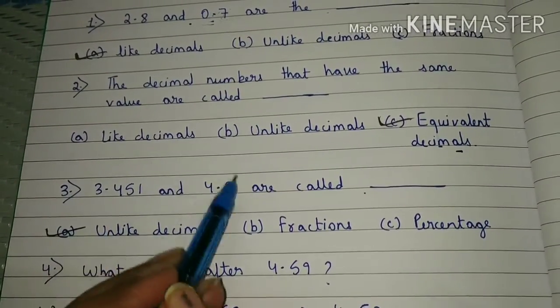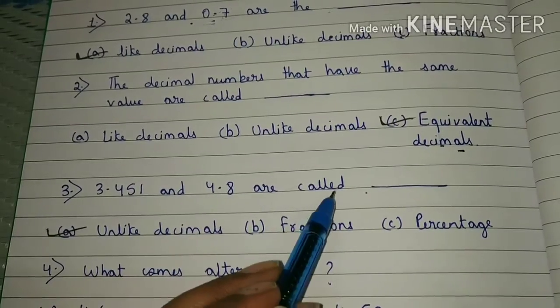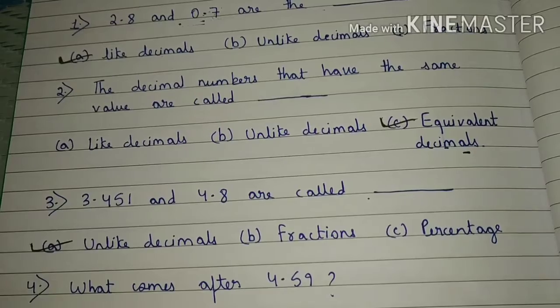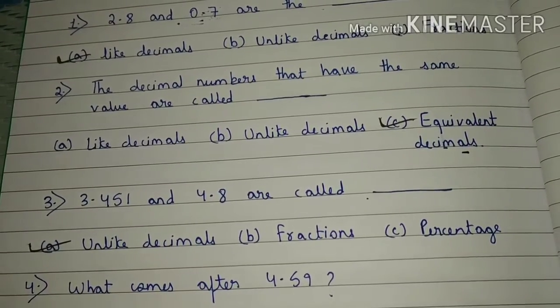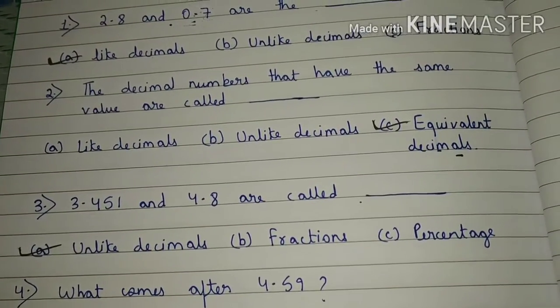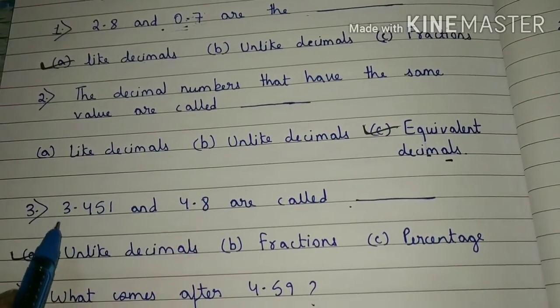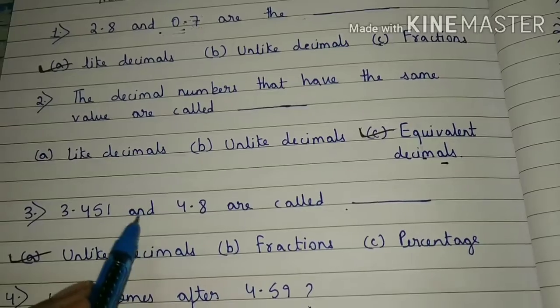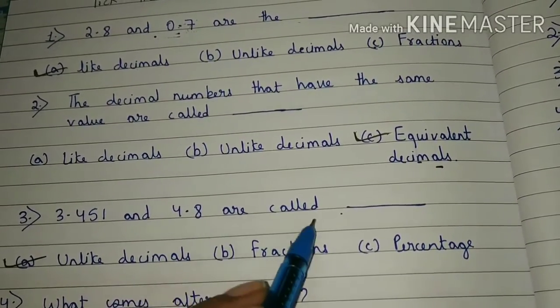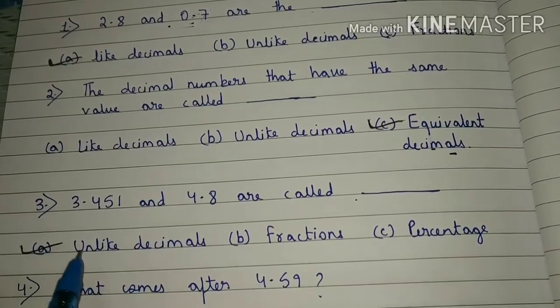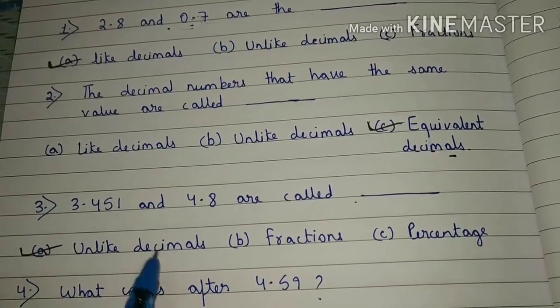So this type of decimals are called unlike decimals because they have different number of decimal place. So 3.451 and 4.8 are called unlike decimals. Students, option A, unlike decimals is the correct answer.